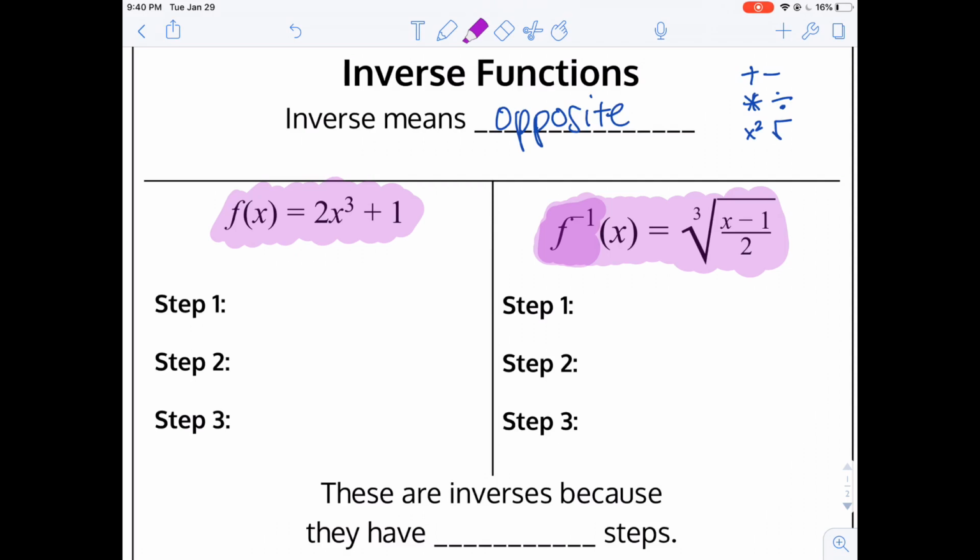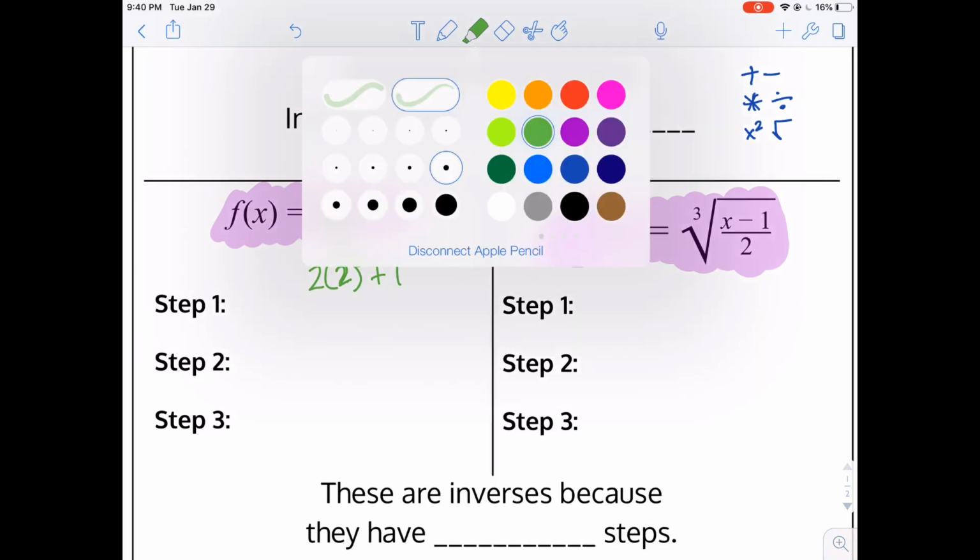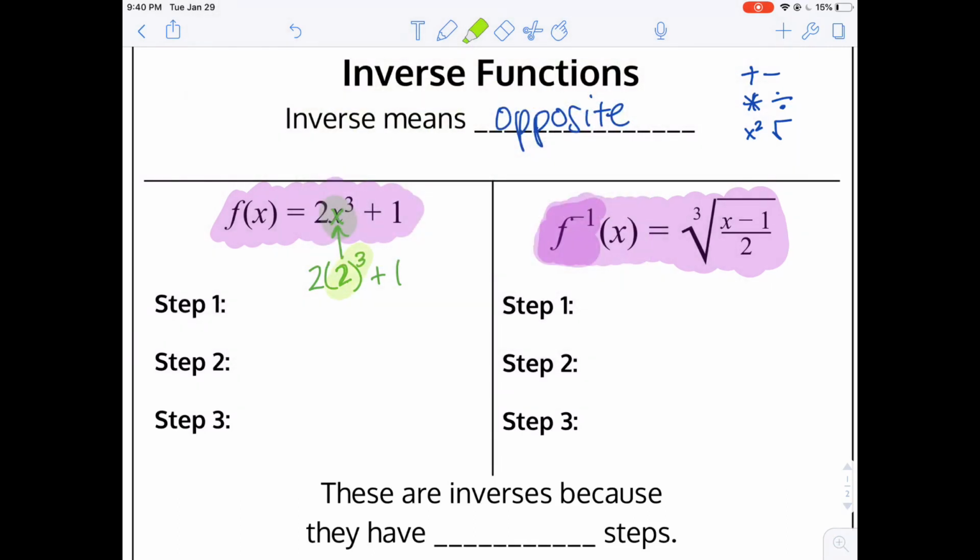So what we're going to start with is thinking about what would happen if they gave us x as a number. Let's say x is the number 2. If I was going to put in the rest of the function, 2 to the third times 2 plus 1, the first thing I would do is cube it.